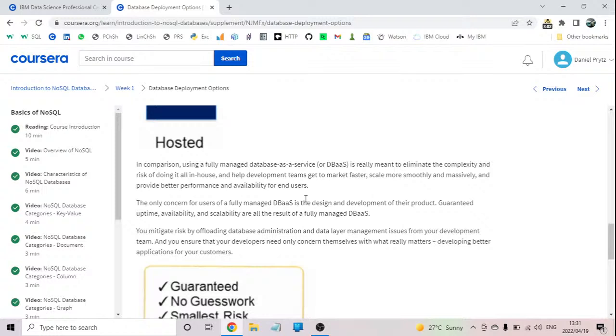Oh wait, time and more effort. Our database scales more smoothly. Wait, what do you mean? To eliminate the complexity and risk of doing it all in-house and help development teams get to market faster. I think this is the same though. I think they also scale the same.